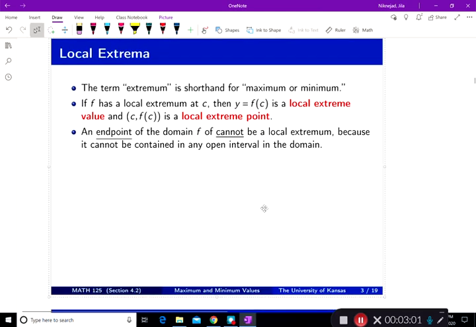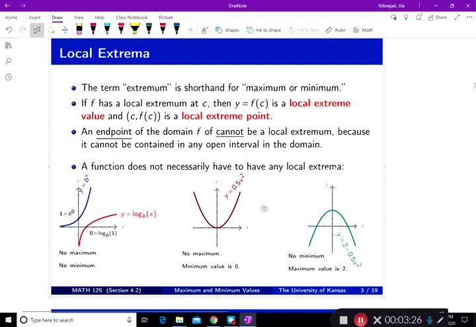An endpoint of a domain cannot be a local extremum. It can be an absolute extremum, and we talk about that. The reason for not being local is because it doesn't contain a neighborhood of points.